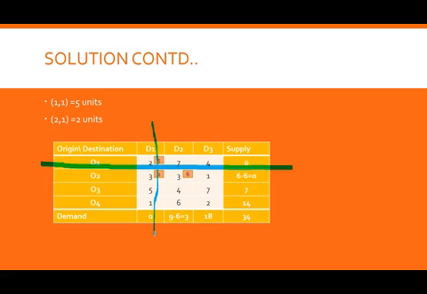This column is exhausted. Now 9 is the demand and 6 is the supply, which is minimum, 6. So satisfy 6 here. So this row got complete and it became 0. So what happened to the demand? 9 minus 6, 3. Okay.